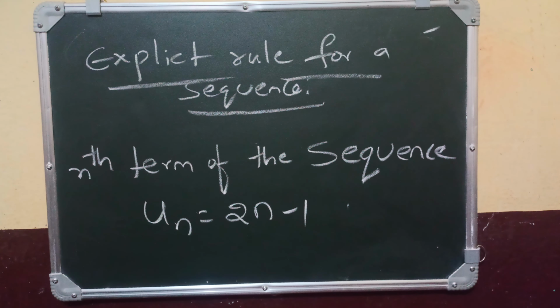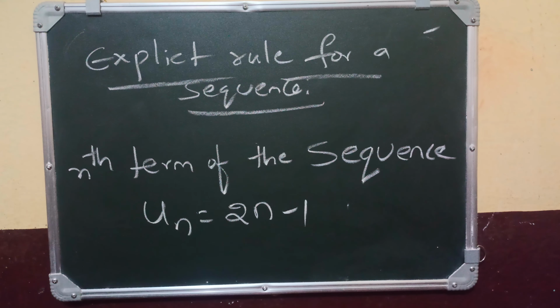See here, the explicit rule for a sequence. We have to keep the formula in our mind. The nth term of the sequence, un, is equal to 2n minus 1.